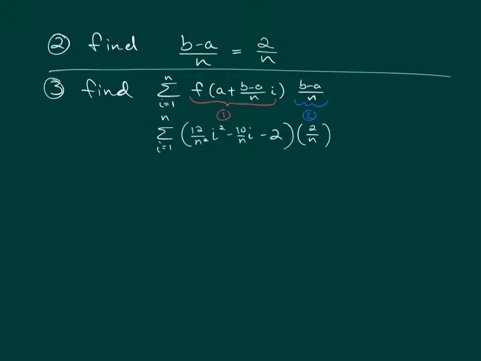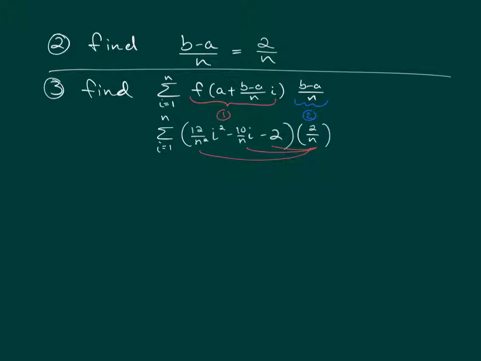And since there is the product of two different expressions inside of this sum, we must distribute this 2 over n to all 3 terms of the first expression.